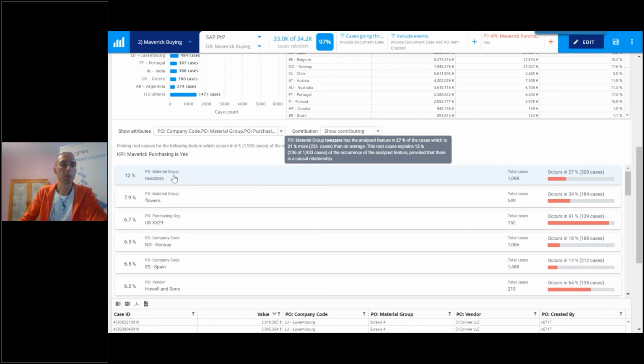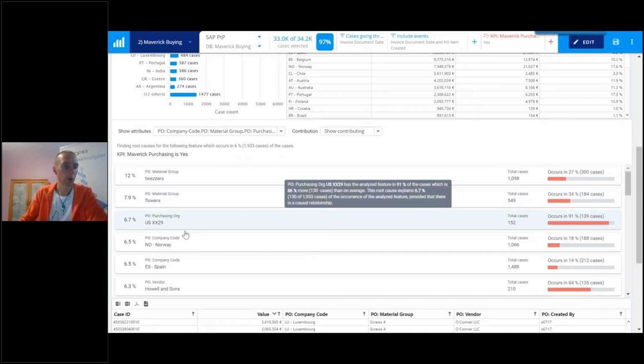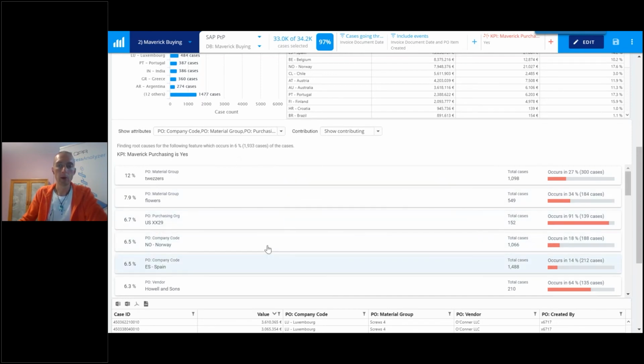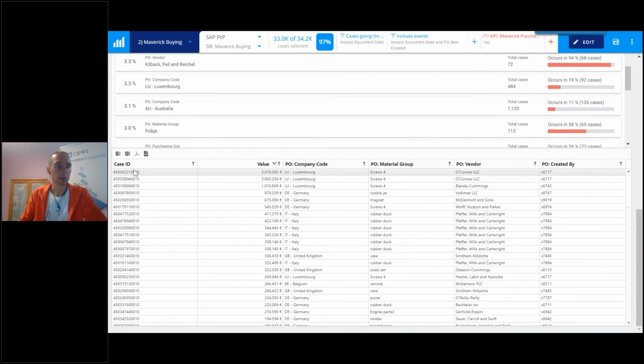So for this material group, maverick buying occurs in 27% of the cases, where the average is 6%. And then there are some purchasing organization company codes, where again this is a big issue. And in the end of this report, you can see the individual cases with the individual case value and what's the company code, material group, and the vendor, and who has been creating it.